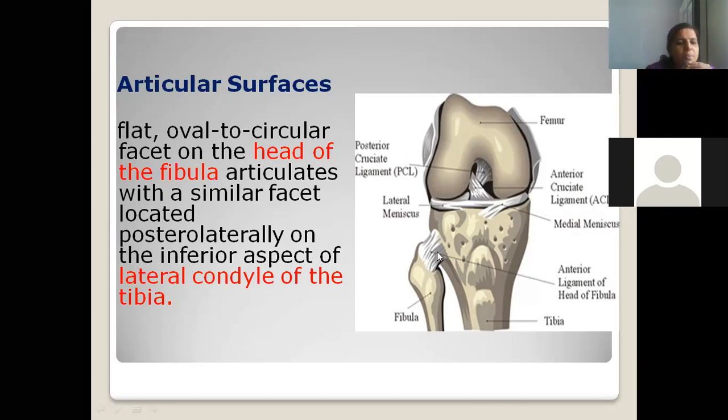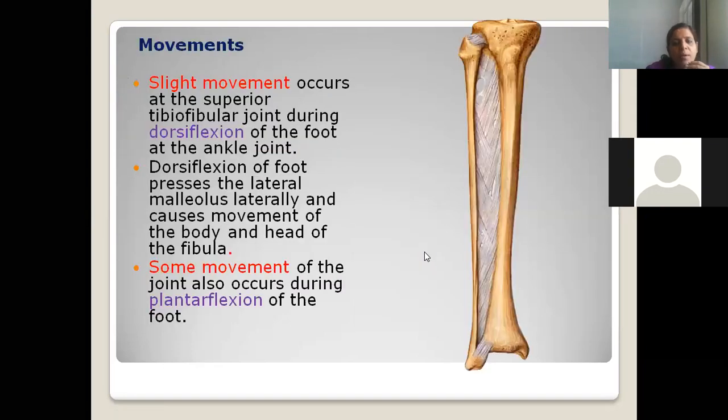So it articulates with a similar facet located posterolaterally on the inferior aspect of the lateral condyle of the tibia. So these are the articular surfaces. One articular surface is found at the head of the fibula, which is on the medial side of the fibula. The other articular facet is found on the lateral condyle of the tibia, which is on the lateral aspect. So both are oval. Okay.